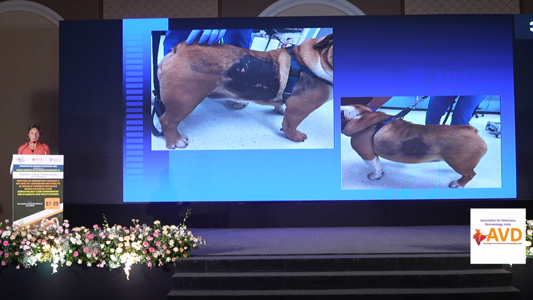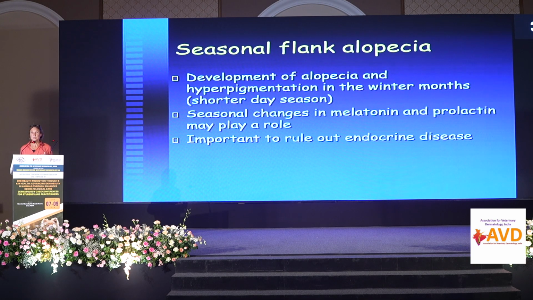Many of them are non-itchy unless they get a secondary infection, but they lose the hair and they are hyperpigmented. This typically occurs in the time of the year when the days become shorter. For the Northern Hemisphere, that's the winter. This is thought to be linked to changes in melatonin and prolactin.